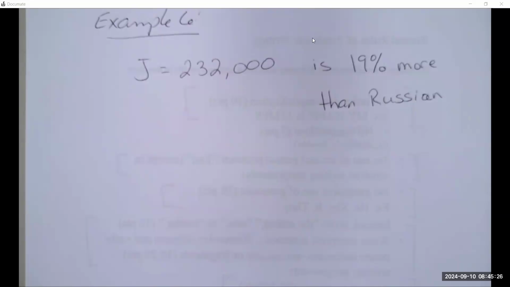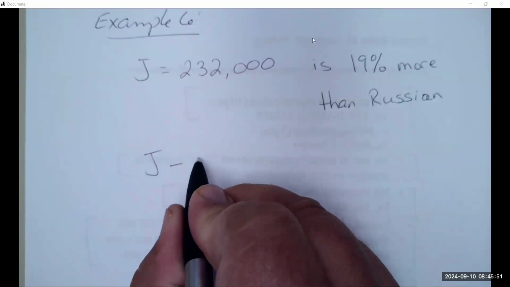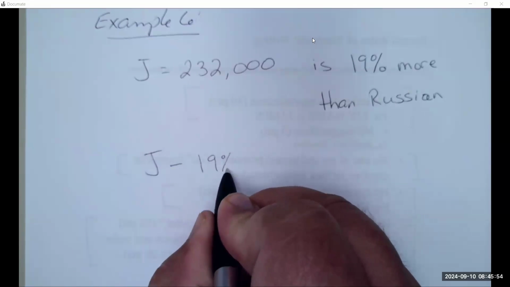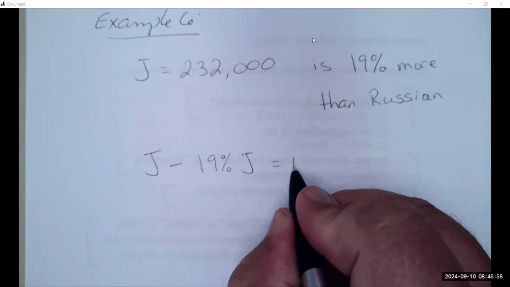So what is the relationship between the Russian and Japanese languages with this statement? We're looking for how many words there are in the Russian language. And so the Japanese language minus 19% of the Japanese language equals the Russian language.